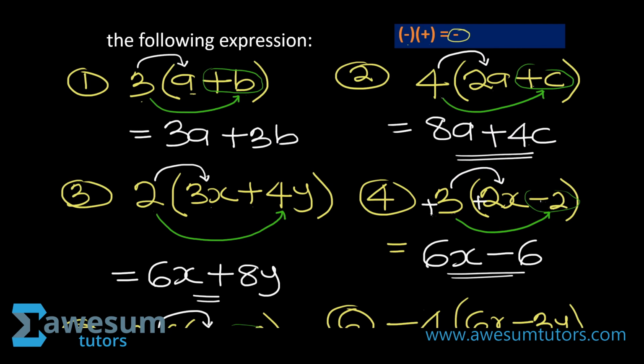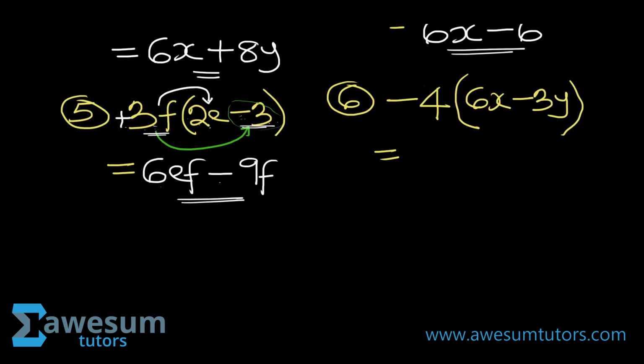This is positive 3, this is positive 4, this is positive 2, this is positive 3, right? This is 3f, that's positive 3f, but here this is negative 4. So negative 4 is going to multiply 6x. Also negative 4 is going to multiply negative 3y.